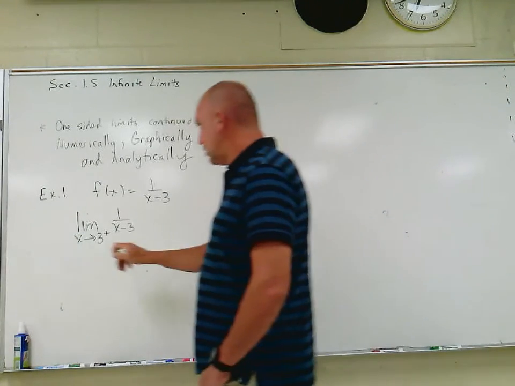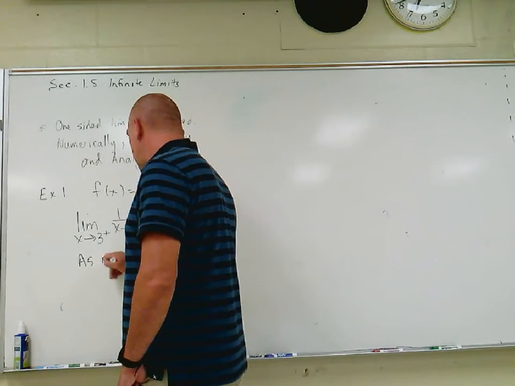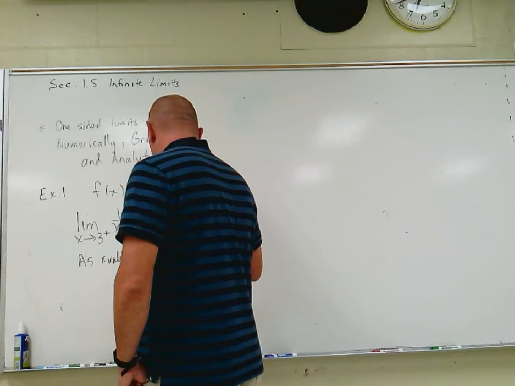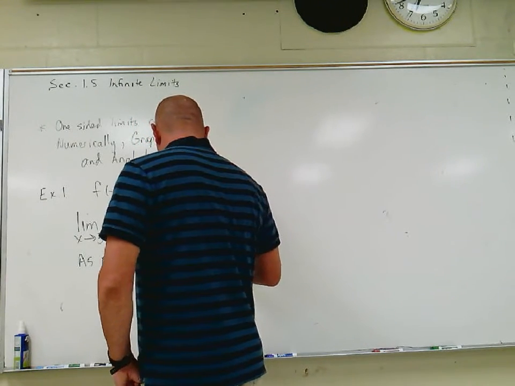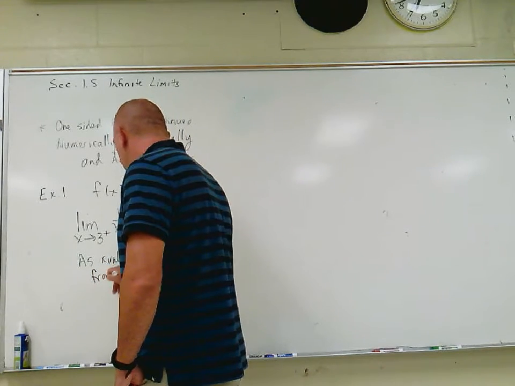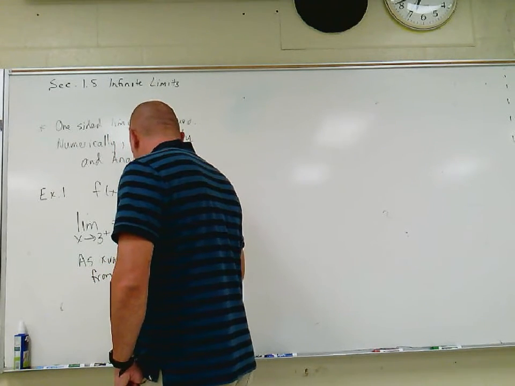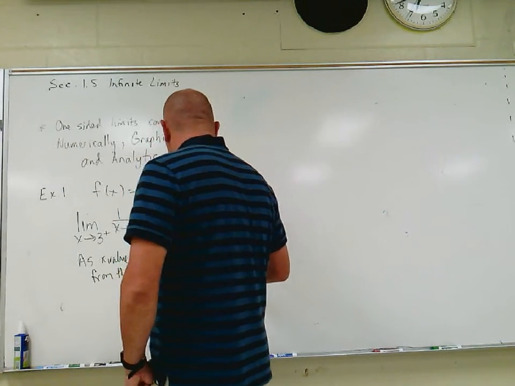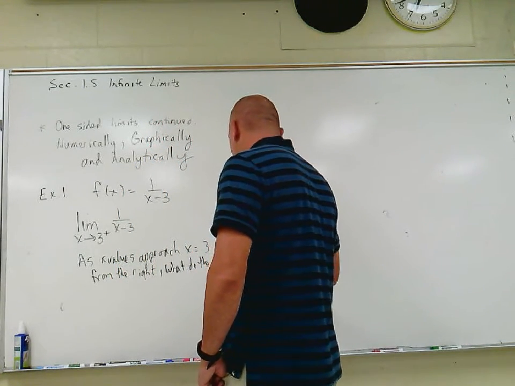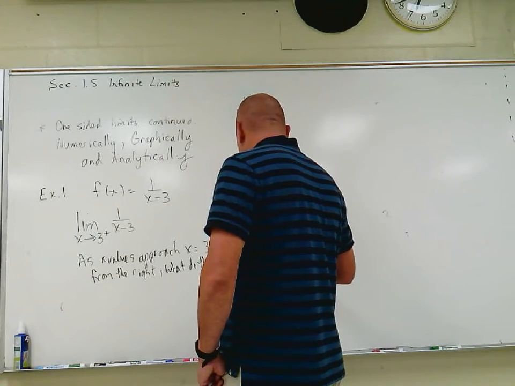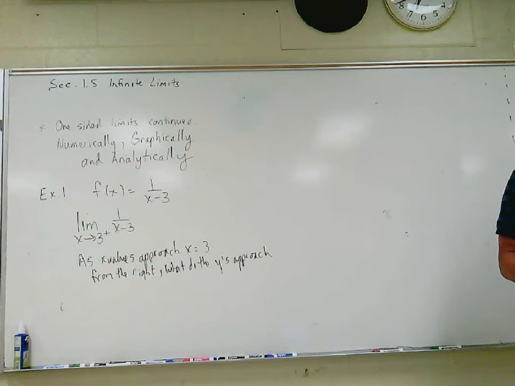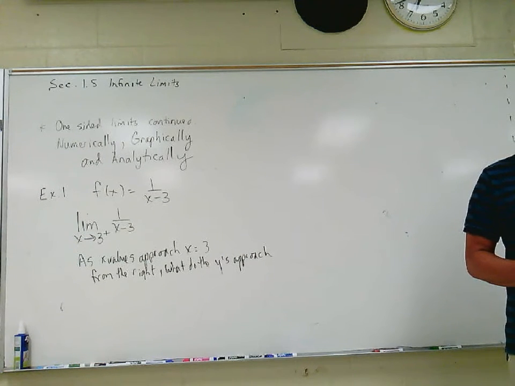So as x values approach x equals 3 from the right, what do the y's approach? Only from that side. So in this case, since it's not a true limit, since we're not going from both sides, I don't have to approach a specific y. That's an important bit of information.